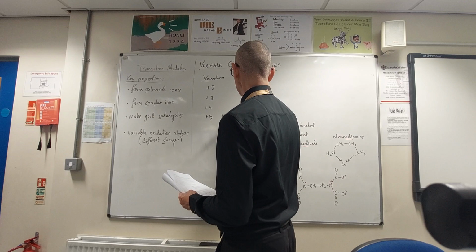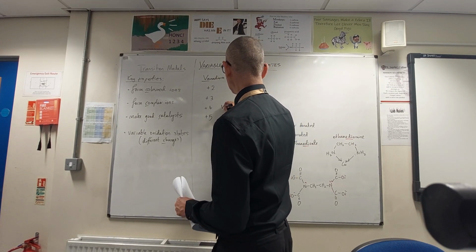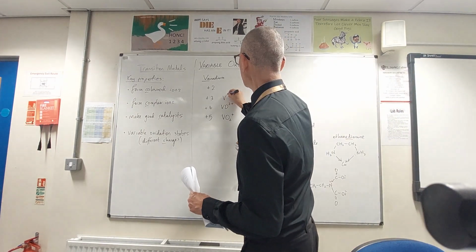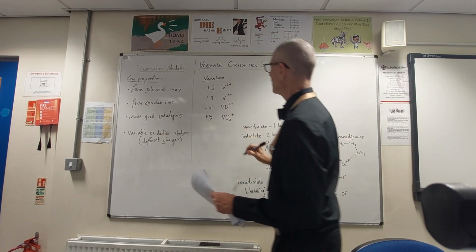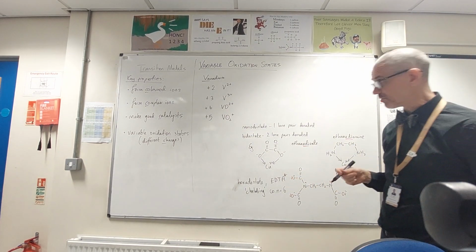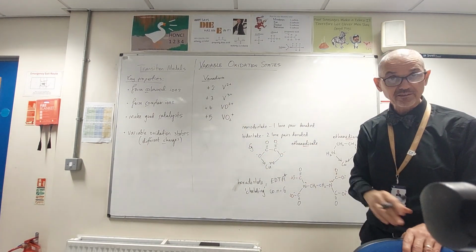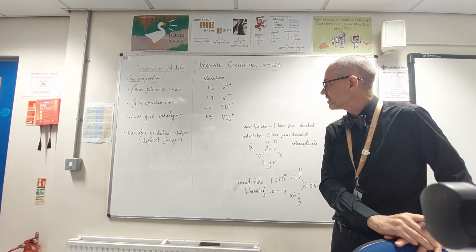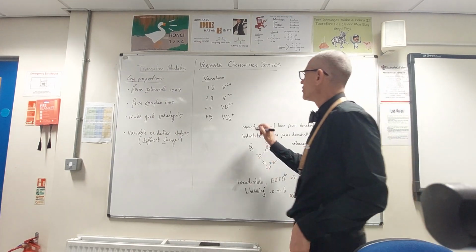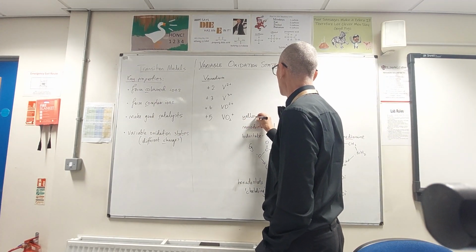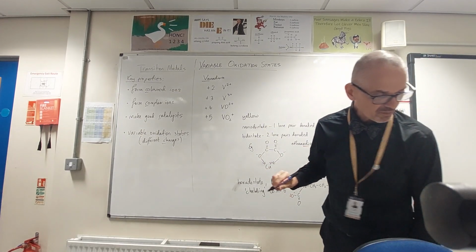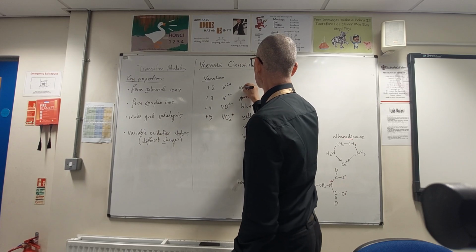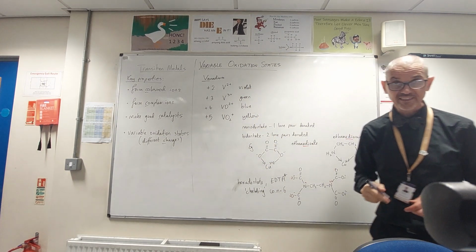Just get these right, so the confusion between VO2 plus and VO2 plus, V3 plus and V2 plus. And they've all got different colours. So you can do a nice experiment where you stick some vanadium 5 on a stirrer hot plate and add some zinc, and it'll reduce down. It starts off yellow, and then it goes blue, then green, and then purple or violet at the end.